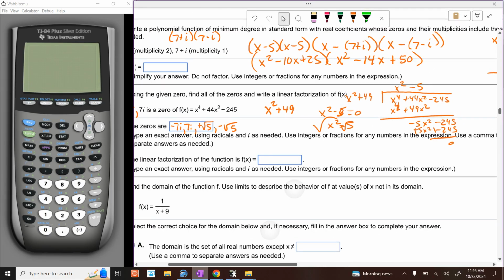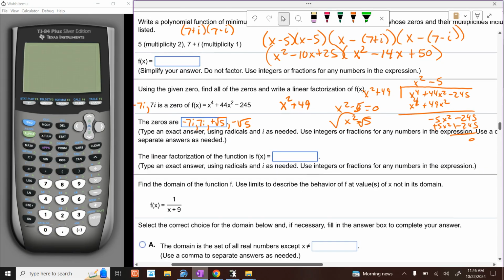So the linear factorization of this should be x minus 7i, x plus 7i, x minus the square root of 5, x plus the square root of 5.